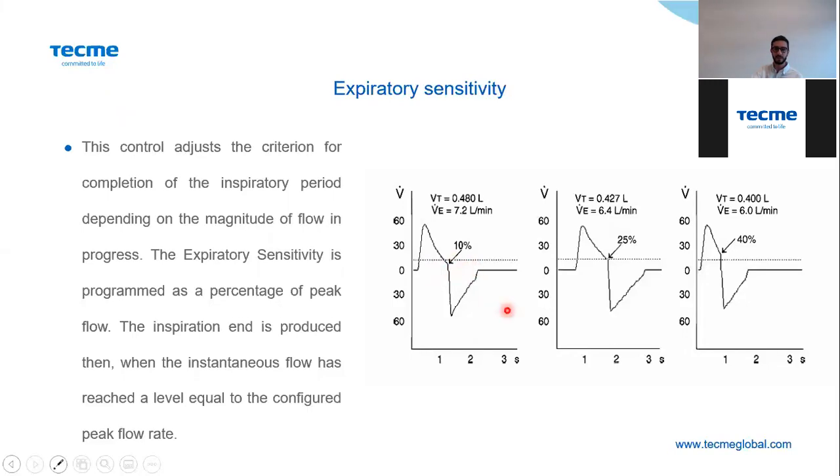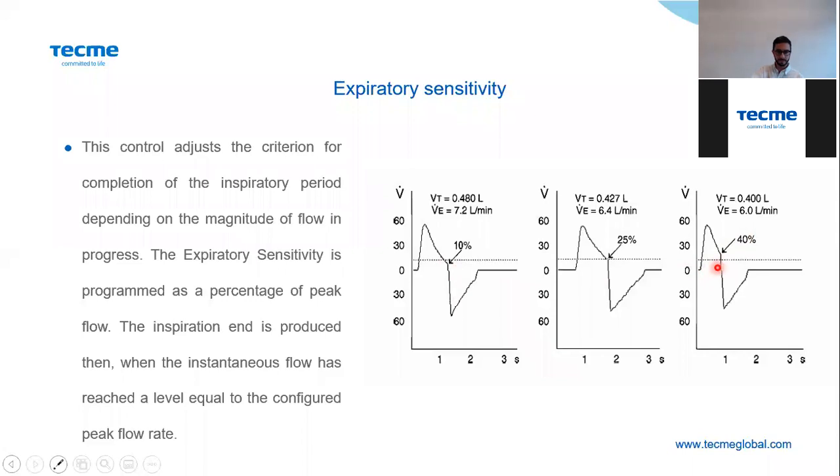So for example, here we have 3 examples: 10%, 25%, and 40%. So this is at 10% of the peak inspiratory flow. If you are setting 40, for example, the inspiratory time will be lower.